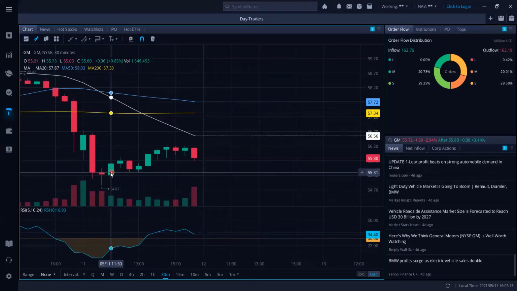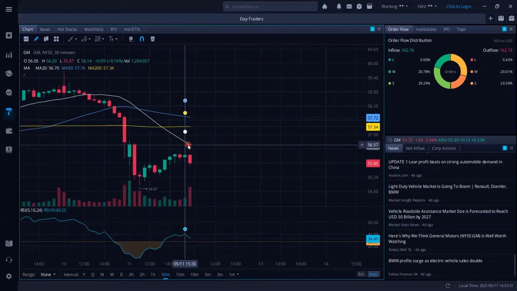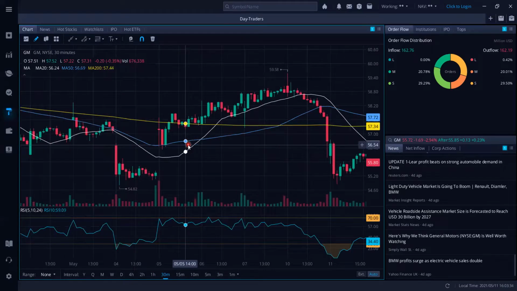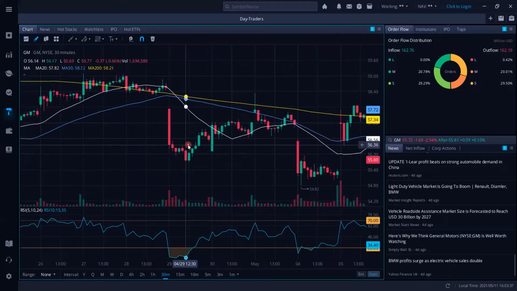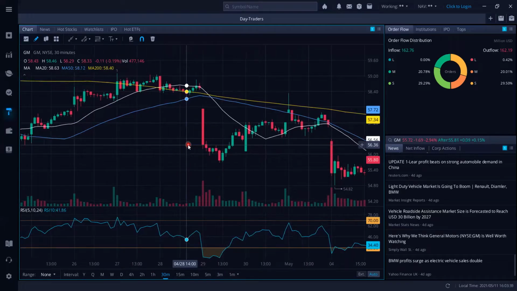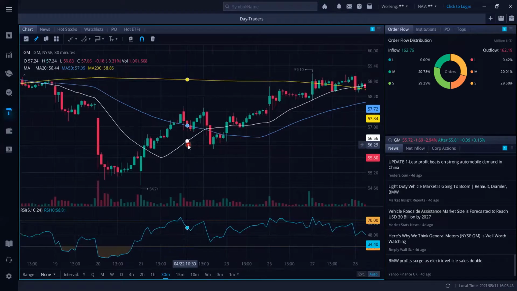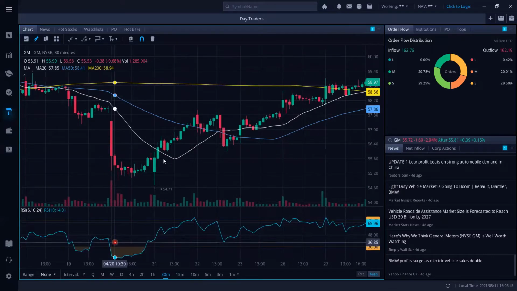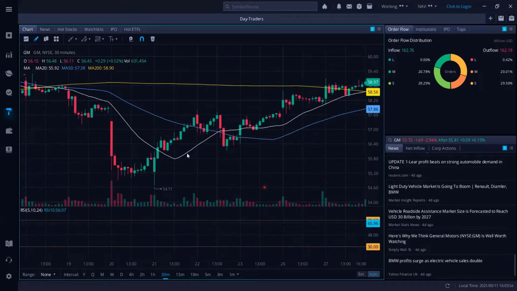So for me, if I'm absolutely positive of this move right here, and we're looking at GM, so it's not a tremendous move. Matter of fact, let's look at another point. Let's go back. Let's look around this area right here.